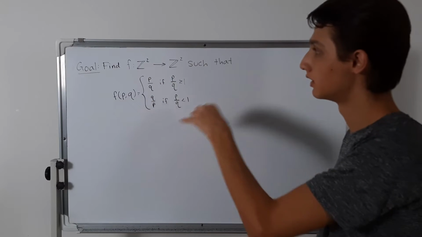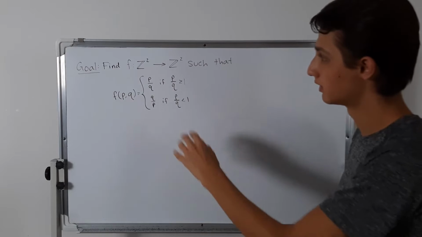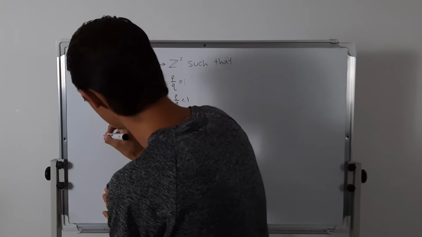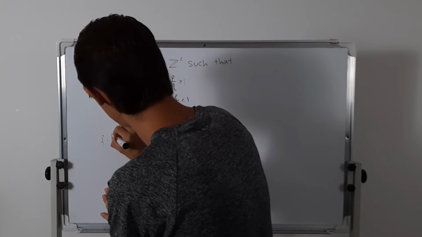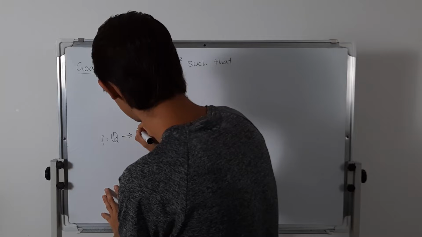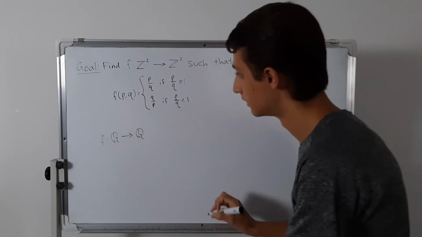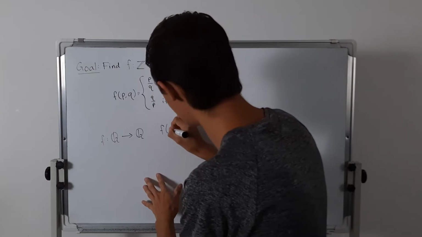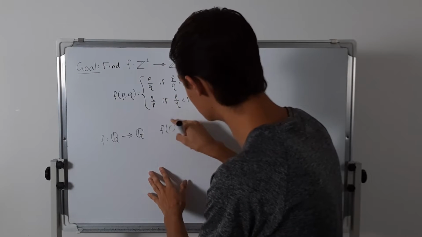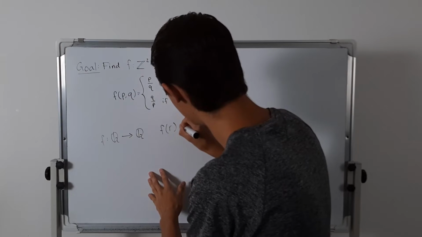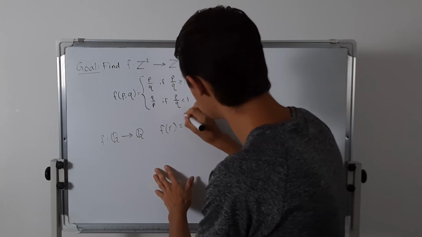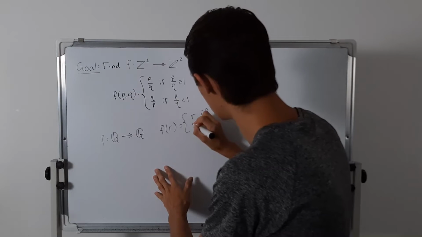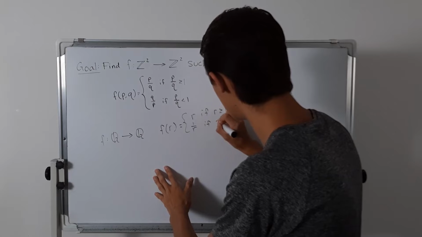We could phrase it differently. We could say find f from Q to Q, right? And then we could say f of, I'll call the rational number r for rational, because I already used q, f of r equals r if r is greater than or equal to 1, or just 1 over r if r is less than 1.